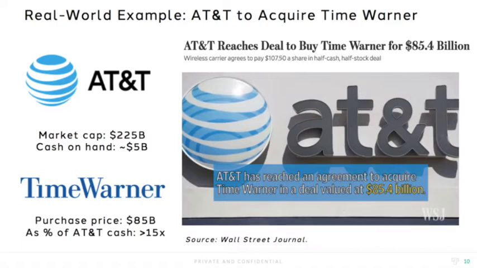So from an investment banking perspective, you can imagine this is a large and very complicated deal, given that it involves raising debt capital, equity capital, as well as negotiating with Time Warner and agreeing with them on a valuation for how much that company is worth and what mix of cash and stock they will receive in the deal. So you can bet that there were a lot of investment bankers working very hard on all sides of this.